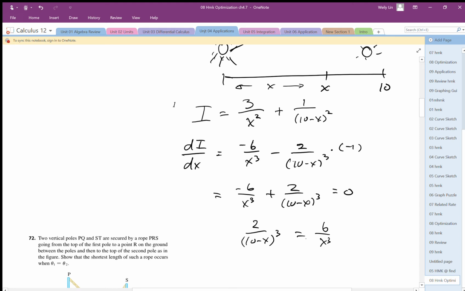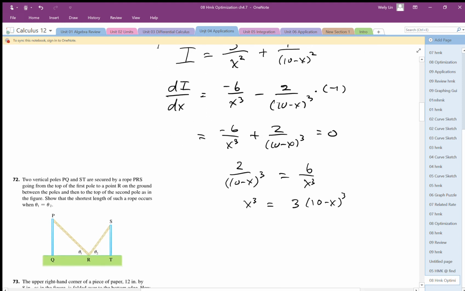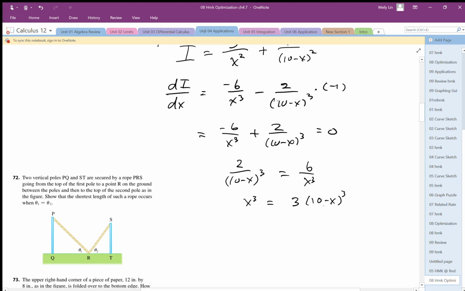Okay, so it becomes x cubed equals 3 times 10 minus x cubed. I'm just going to divide the 2 on that side. The nice thing about this equation is we don't need to multiply it out because these are perfect cubes. I can cube root perfect cubes. So I get x equals the cube root of 3 times 10 minus x, and then group my x's together.